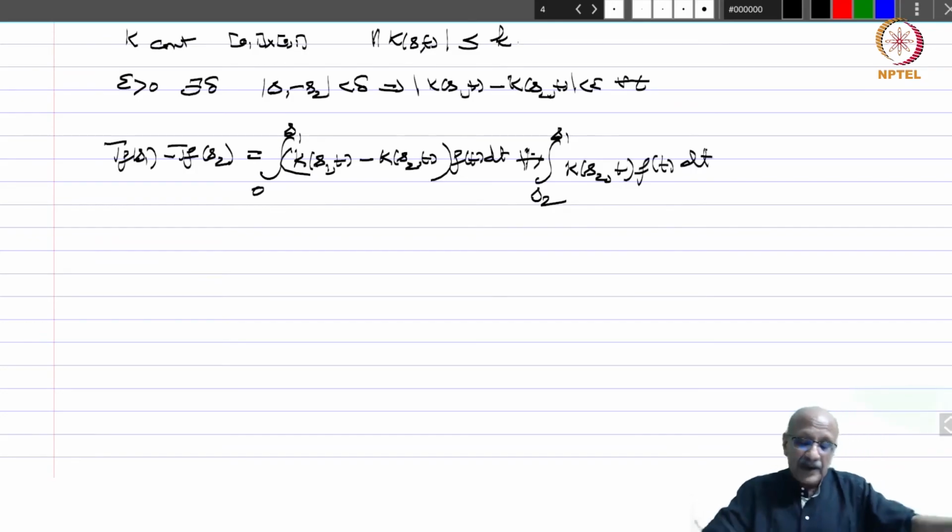So I've just added and subtracted things. So if you write out the two formulae, you will get this.